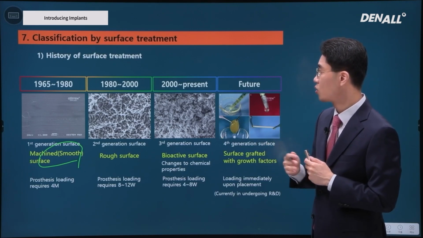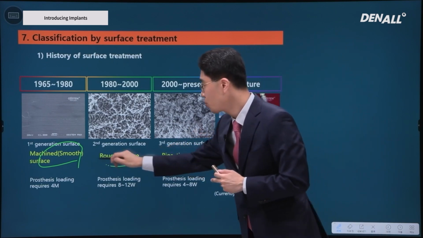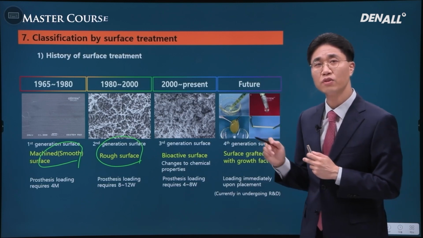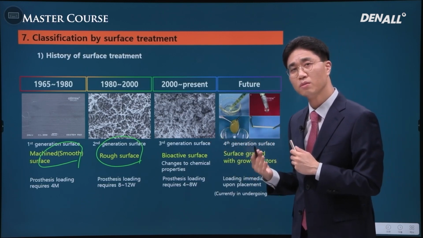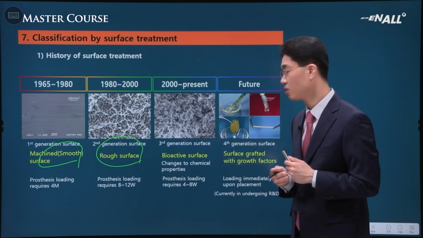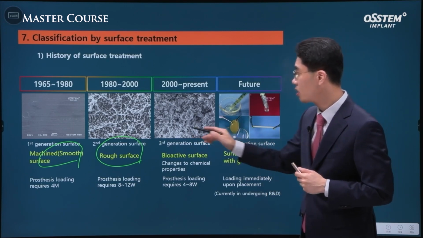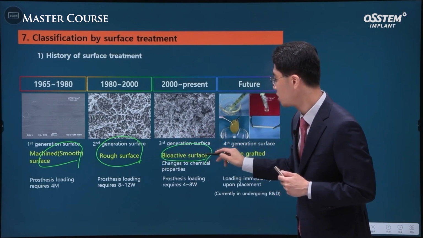With time, in order to promote osseointegration, rough surface was introduced. Currently, we use SLA implant, and SLA implant is also rough surface implant. And now we have taken a step further, called bioactive surface.